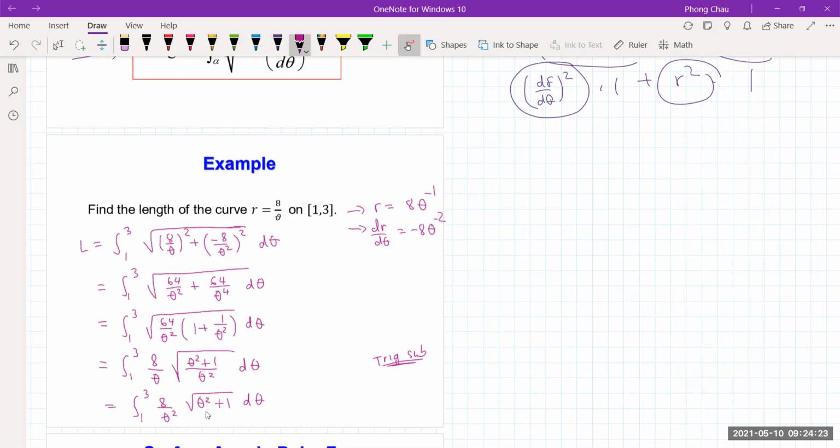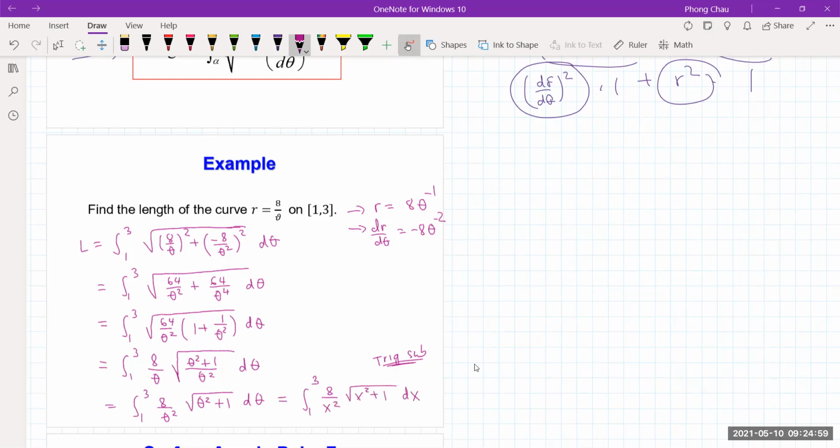One thing that is hard for this one, if we try to do it using trig sub, is that we often let this variable be sine or tangent of theta, but that one's already theta, so that's confusing. So one way you could do it is just change the name. It's really the same if you change all the theta back to x. So 8 over x squared, and then the square root of x squared plus 1, dx, right? That's pretty much the same.